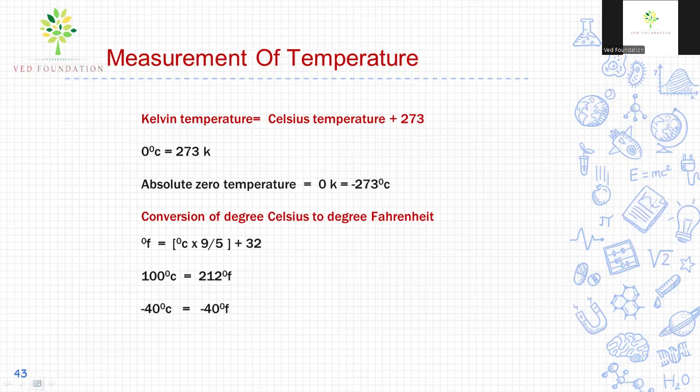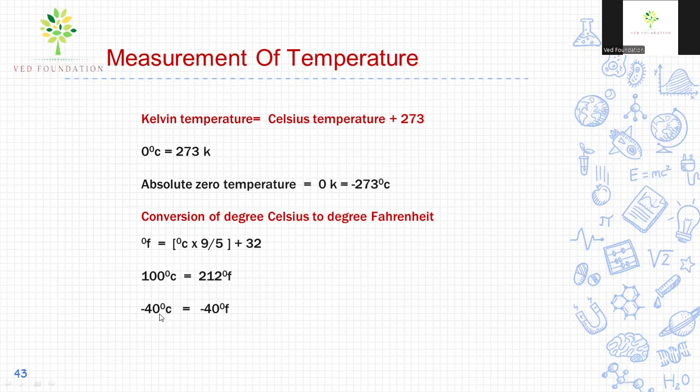Students, Celsius reading and Fahrenheit reading show different numerical values at the same temperature. 100 degree Celsius is equal to 212 degree Fahrenheit. It doesn't mean that the temperatures are different. Temperature is same, but the numerical values are different because of different temperature scale.